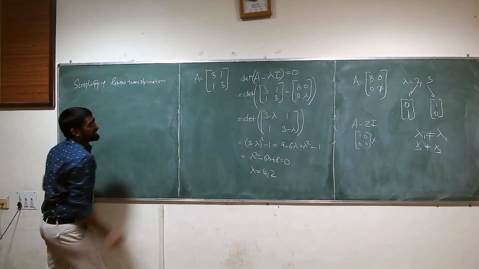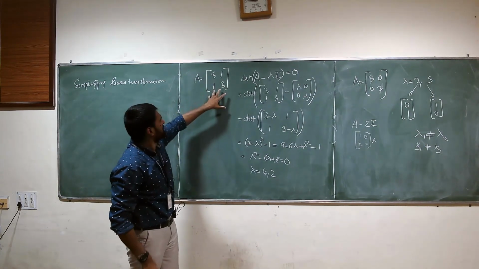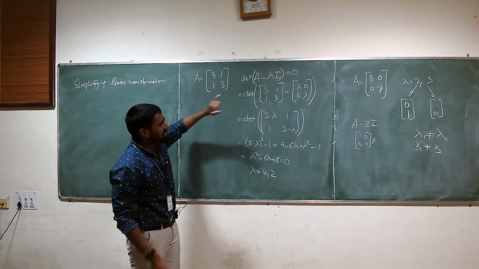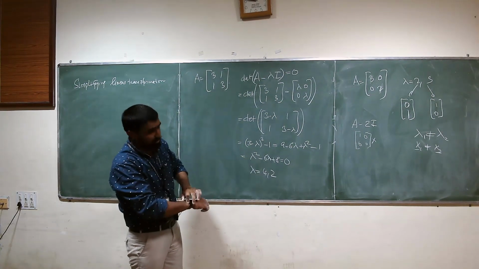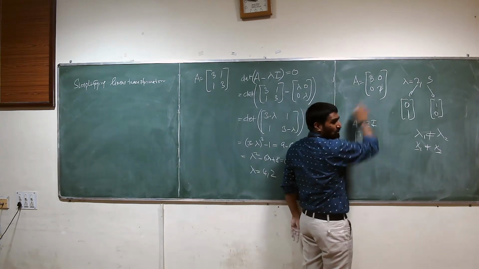For example, if you had a matrix like this that does some linear transformation, some rotation or reflection and scaling, what does this do?